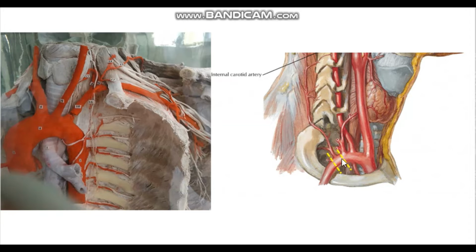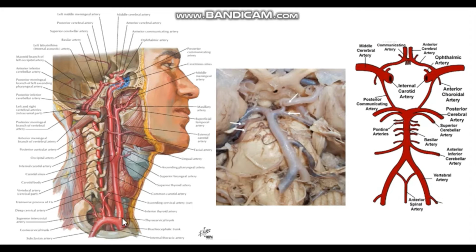The first part of the subclavian artery gives rise to three branches: the vertebral artery, internal thoracic artery, and thyrocervical trunk. The vertebral artery goes along the longus colli muscle up to the sixth cervical vertebra, where it starts to pass through the transverse process foramina of all vertebrae except the seventh.